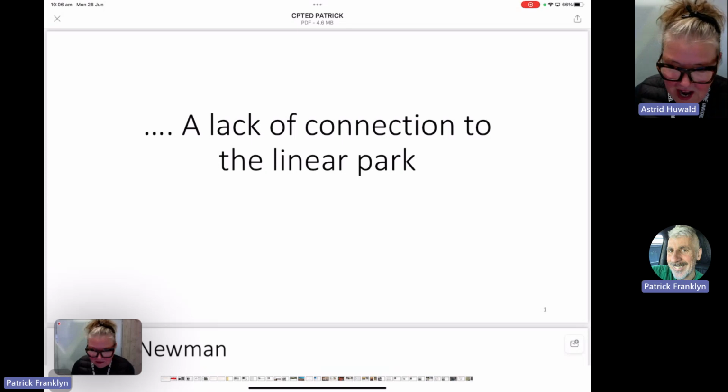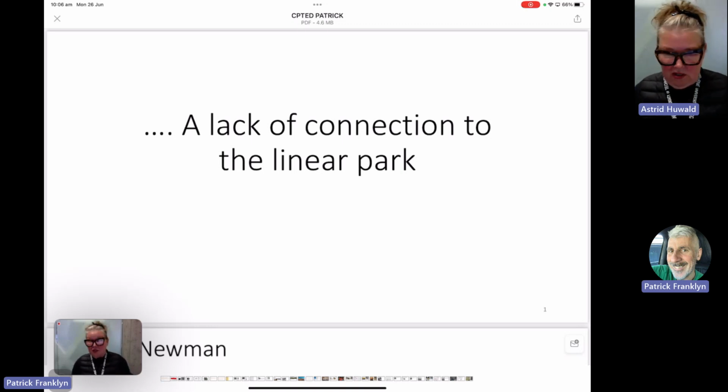After talking to Patrick, I've pulled out the things I think could guide you most with your site. The first thing we spoke about was that there wasn't really a connection or a perceived connection, and that's something your designs could enhance, this connection to that linear pipe. Next slide, Patrick.